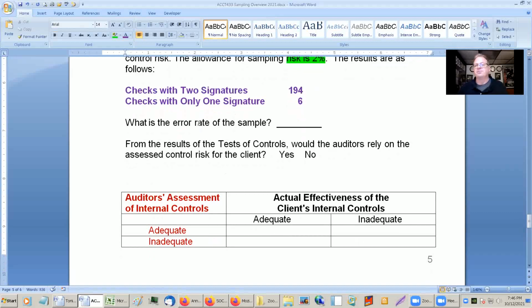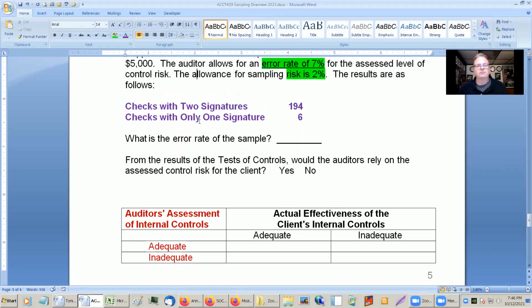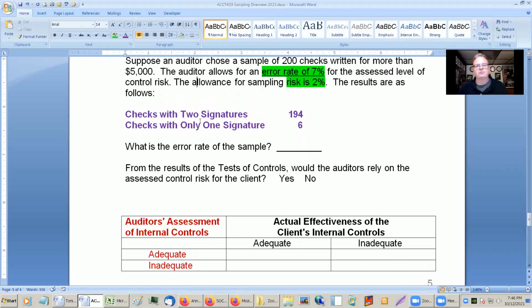So what's the error rate? 3%? Yep. Yeah, so they had 200 items, so 6 errors. Was it 3%?